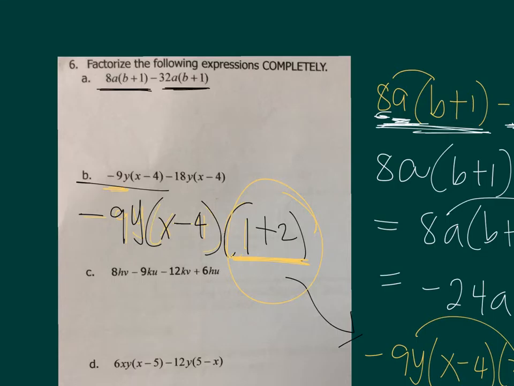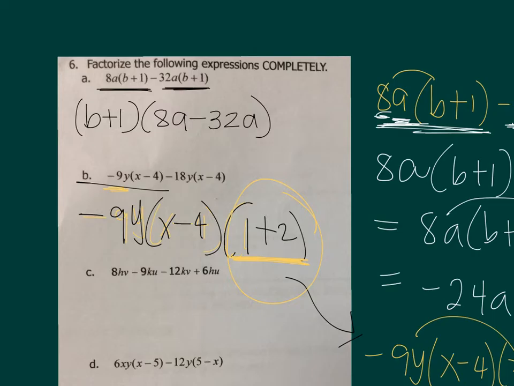So you could focus only on the b plus 1 as the common factor. Then if you factor that out, the first will have 8a and the second will have 32a.